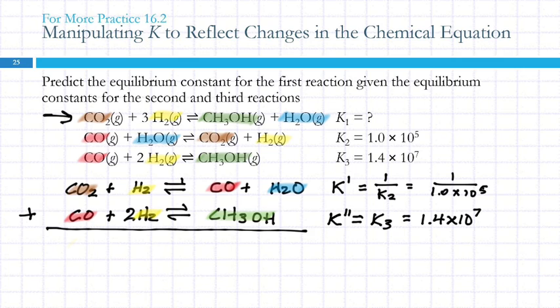So we're going to add these two together, and as Brandon predicted, the carbon monoxides are going to cancel out. So we get CO2 plus 3H2 in equilibrium with CH3OH plus H2. Oh, I meant to say it that way.